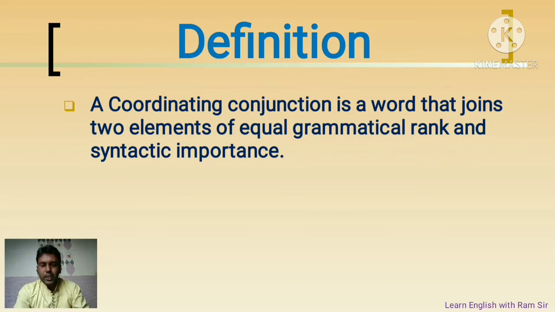Here you need to understand one basic thing: coordinating conjunctions always connect two elements which have equal rank on the grammatical basis and at the same time on the syntactic basis. So they are always connecting two clauses which have equal importance.